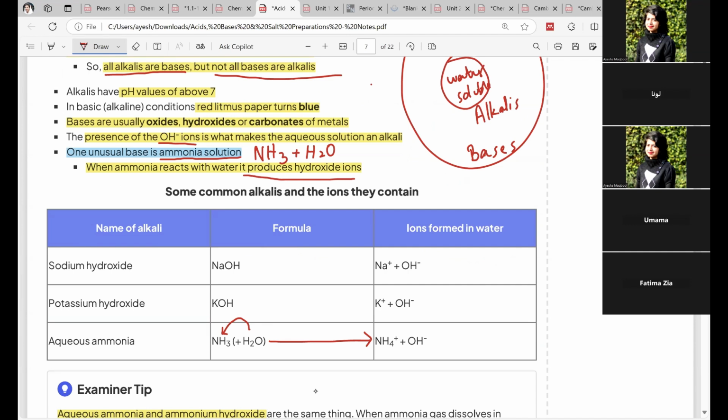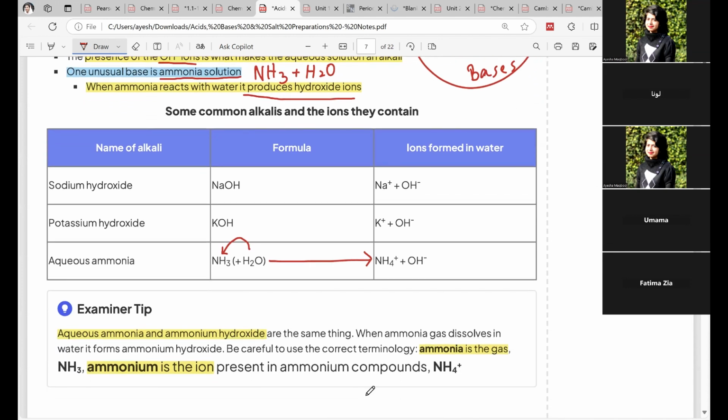Now you can apply both the definitions that we did already. We said a base is something which can accept H positive. This was one of the definitions of the base. So here NH3 ammonia is accepting H positive, accepting one hydrogen from the water and making NH4.